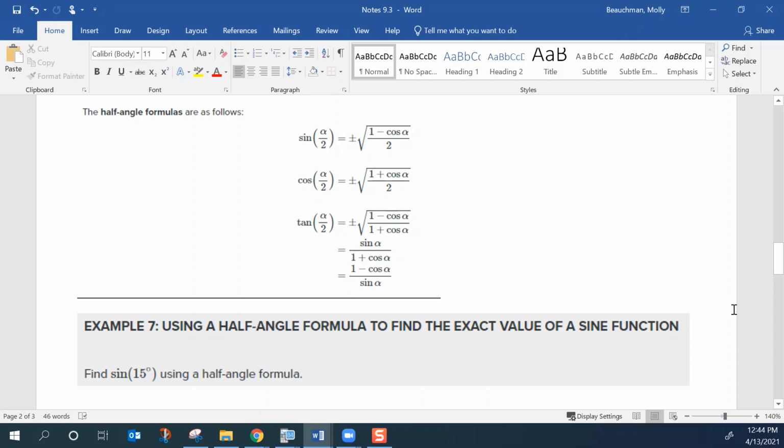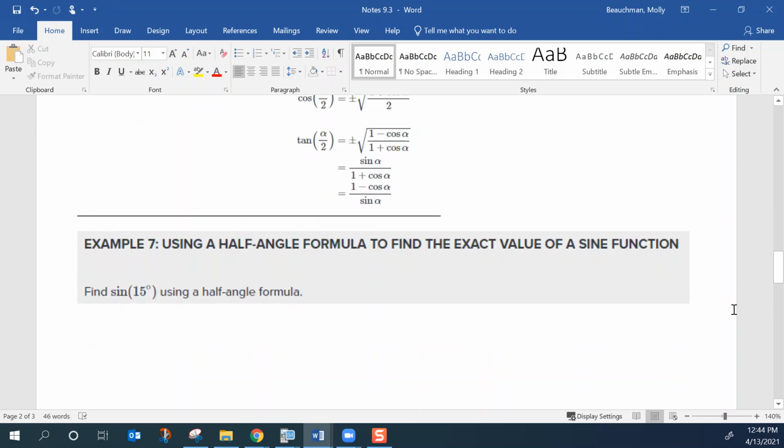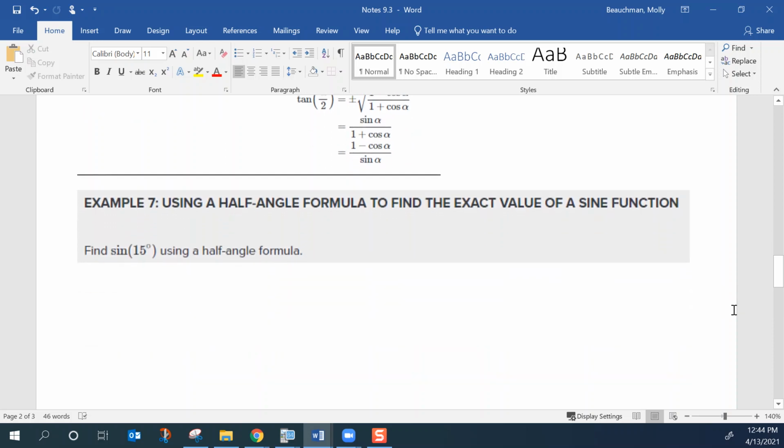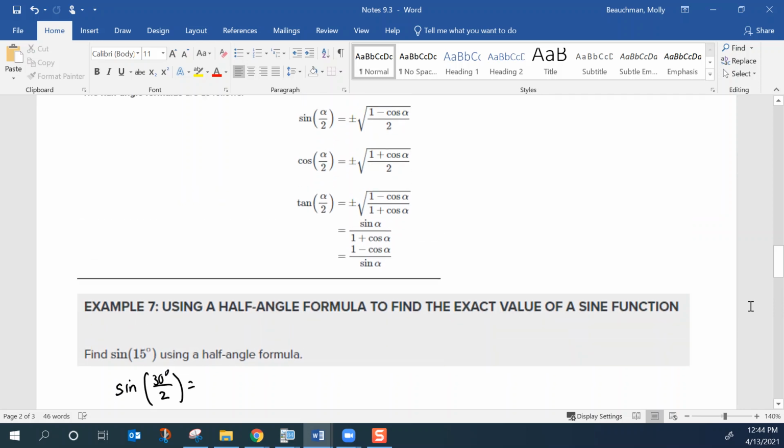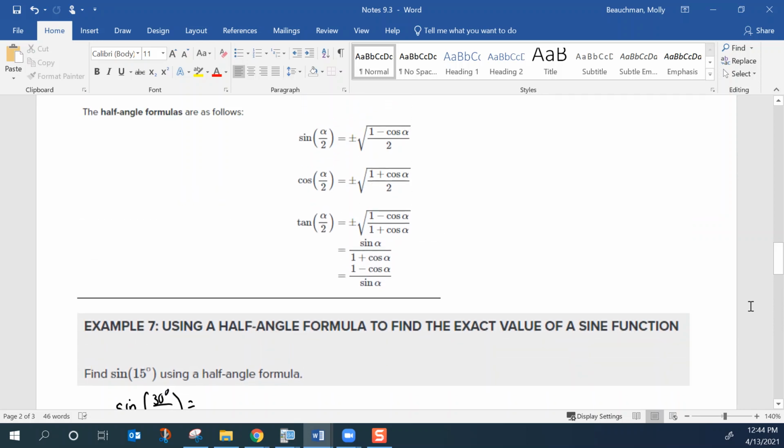So if you want to find the sine of 15 degrees using a half-angle formula, sine of 15 degrees is not a value we have on our unit circle, but the sine of 15 degrees is the same as the sine of 30 degrees divided by 2. So if you use the formula sine 30 divided by 2, you get plus or minus. Say 15 degrees is in the first quadrant, so it's going to be positive.